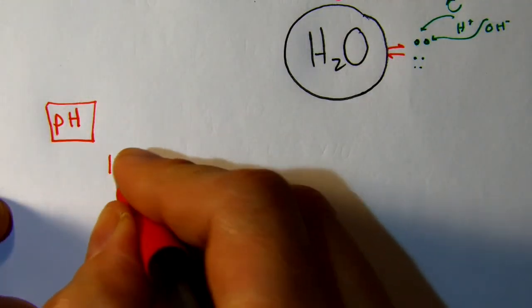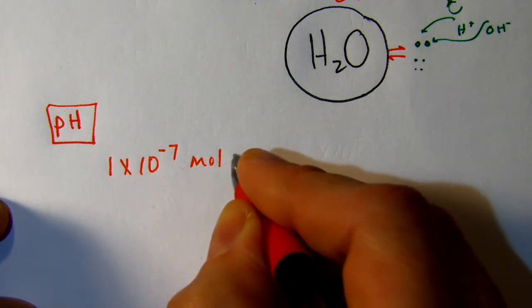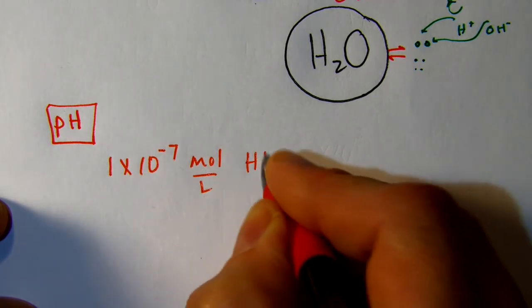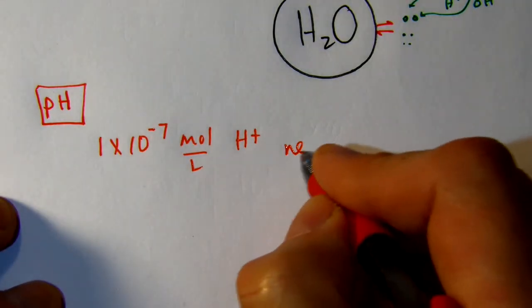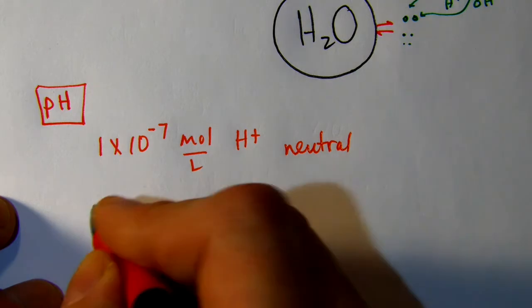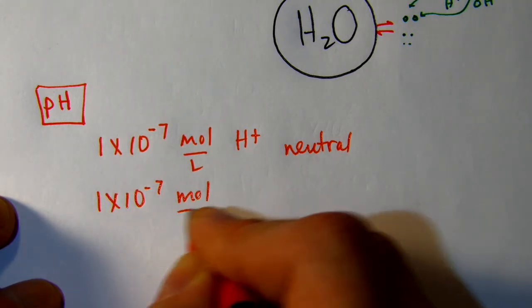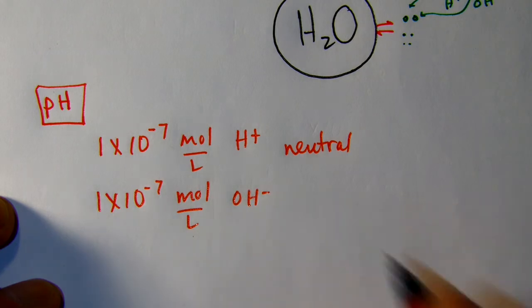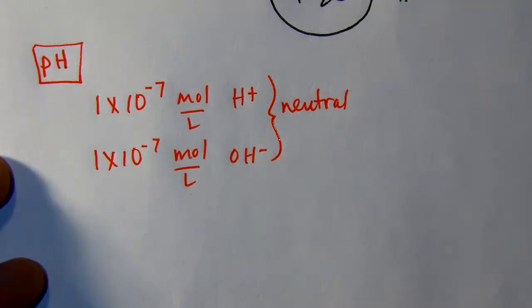And what we said was when you have neutral water, this is the concentration of hydrogen ion. That's neutral water, right? Why is it neutral? Because it's the same amount as OH minus, okay? So when those two are equal, that's where we're getting neutral, okay?